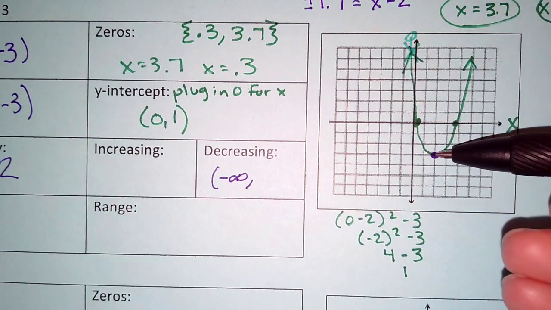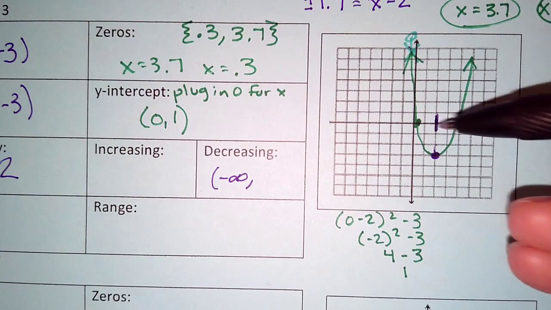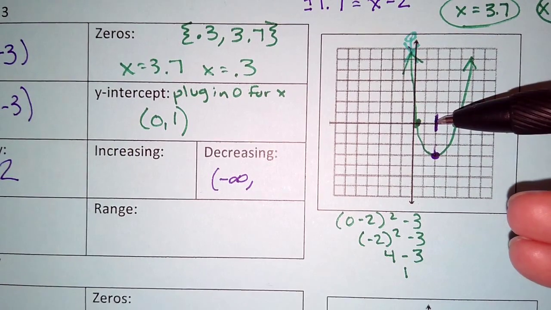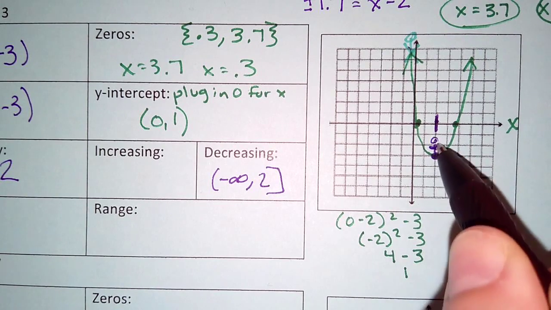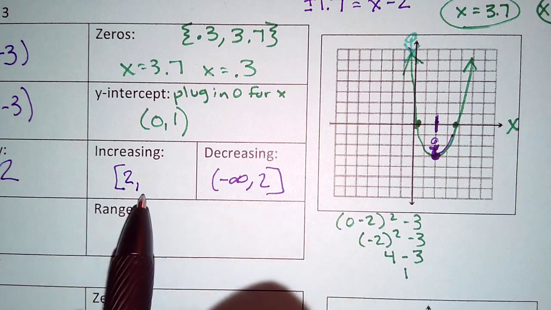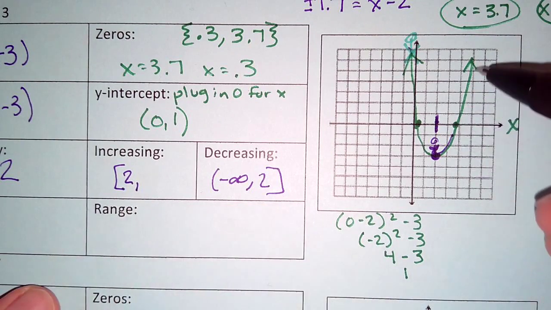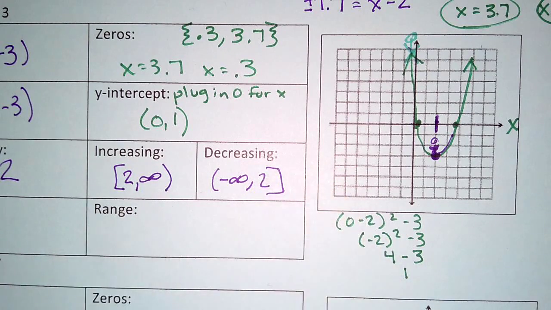Right there. What's the x value? 2. Good. And then at 2, he starts climbing. So increasing from 2 to forever, infinity. Increasing, decreasing is always focusing on the x's, what's happening left to right.